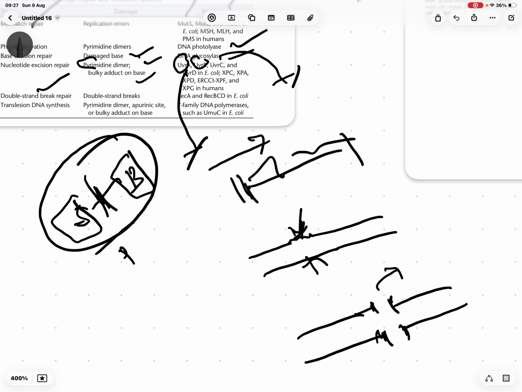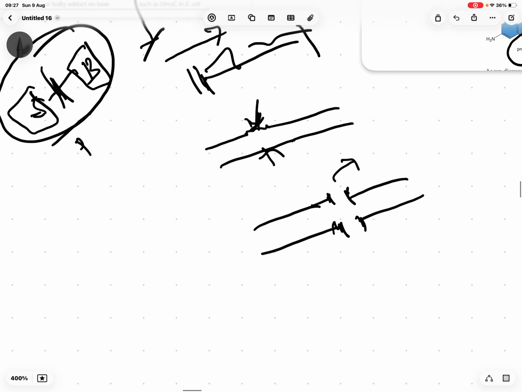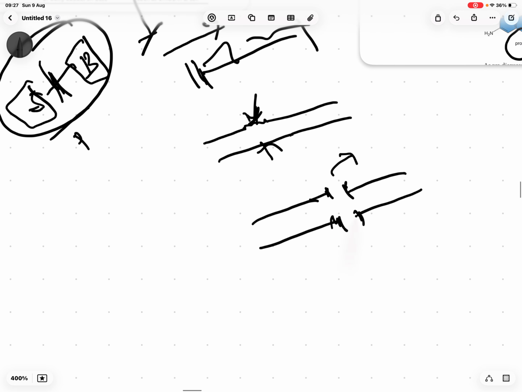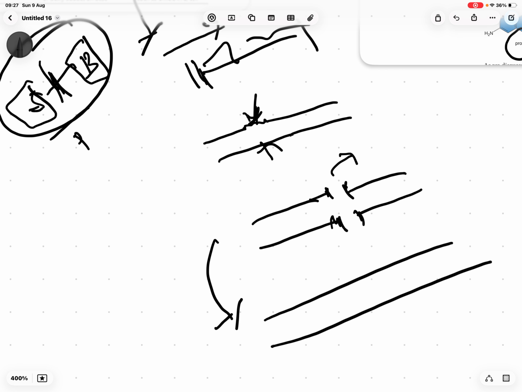But in the homologous repair system, when two strands have cuts, it utilizes the non-sister chromatid as a template. One of the broken DNA strands enters into the non-sister chromatid, which means strand invasion takes place in this process.